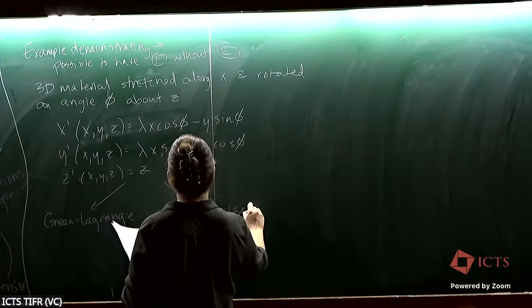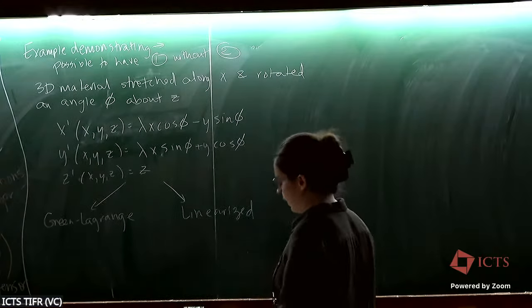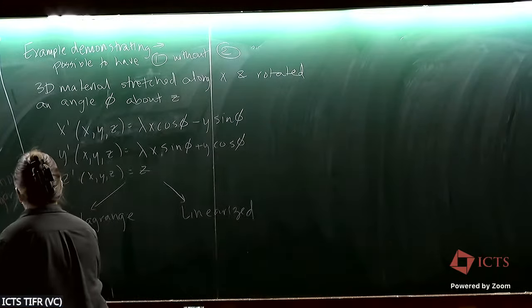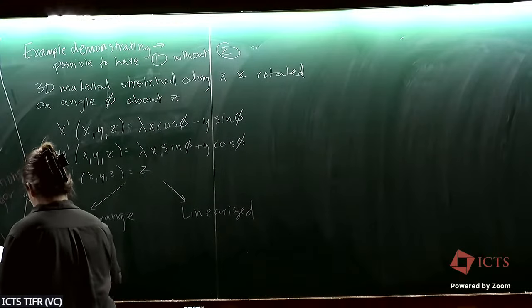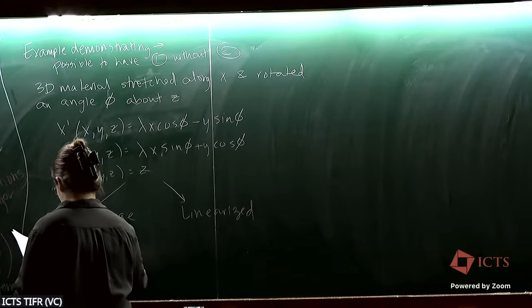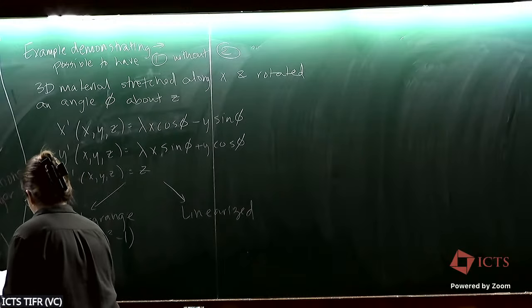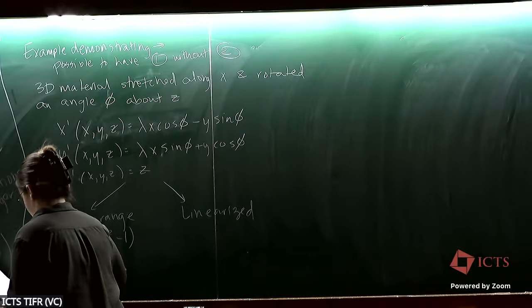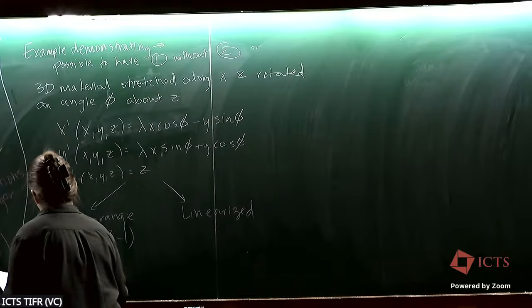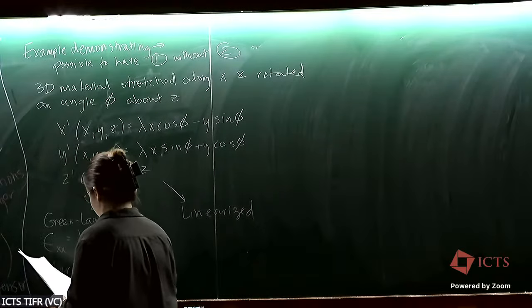Linearized. So what you find is that for the Green-Lagrange strain tensor, you have 1/2 (lambda squared minus 1), and then the other components are 0.